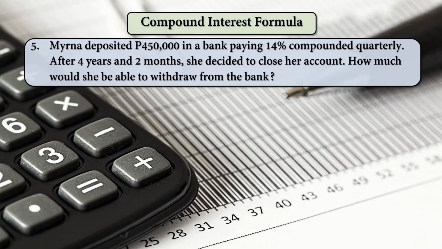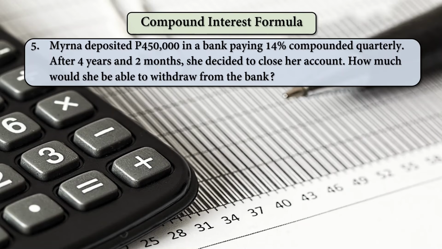Next example, Myrna deposited 450,000 pesos in a bank paying 14% compounded quarterly. After 4 years and 2 months, she decided to close her account. How much would she be able to withdraw from the bank?